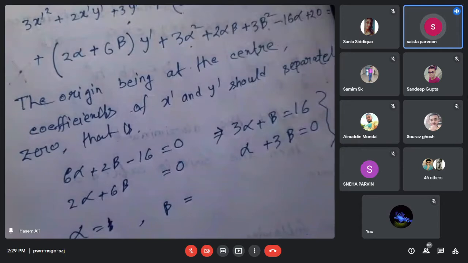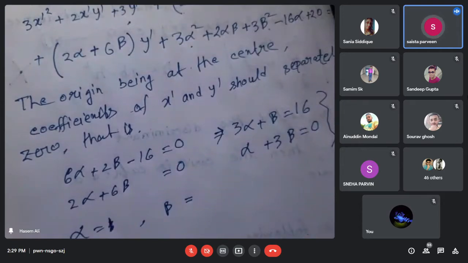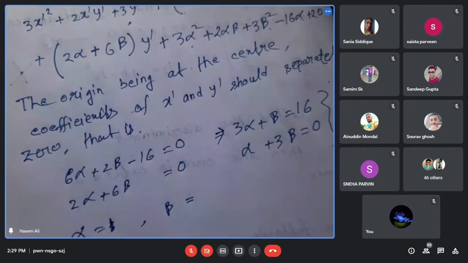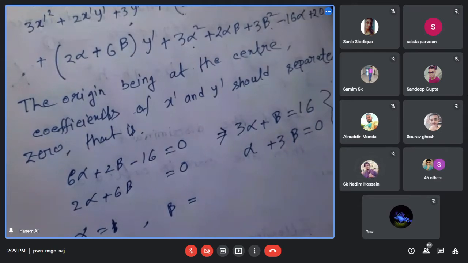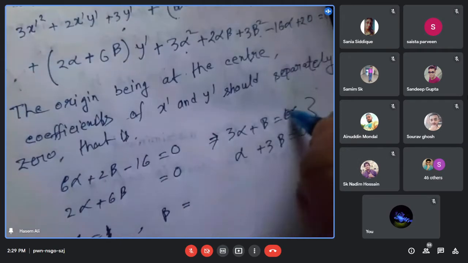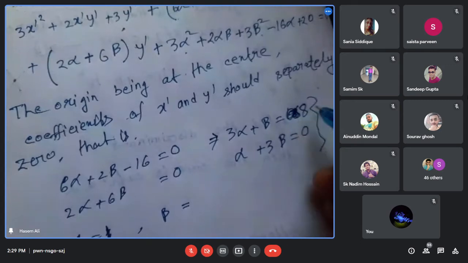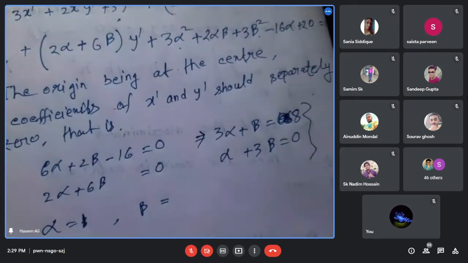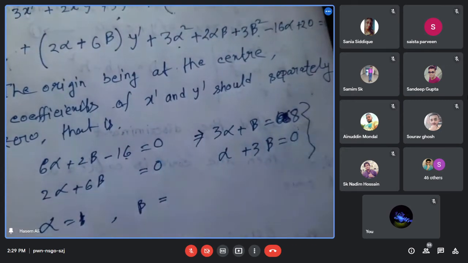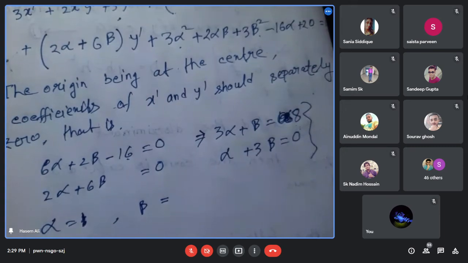Alpha is equal to 8 and beta is equal to -8. No, sorry, it is 8. Here 16, so it will be 8.